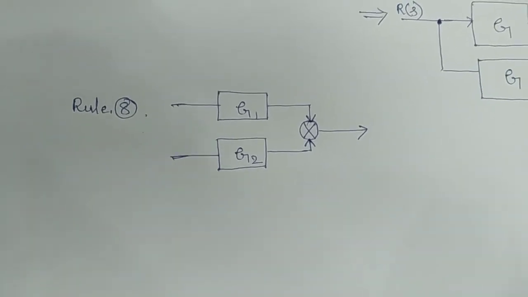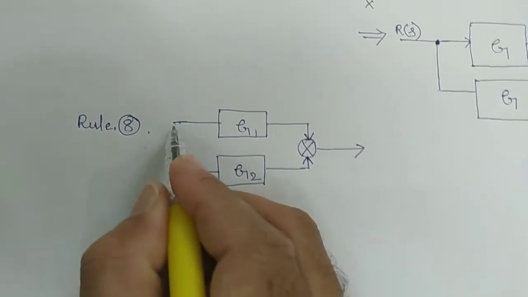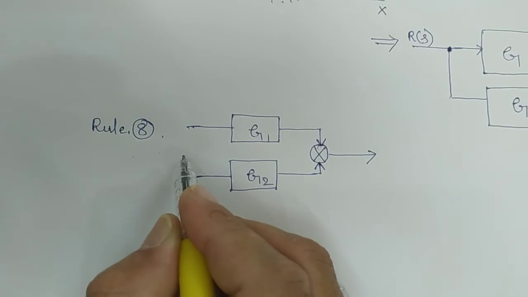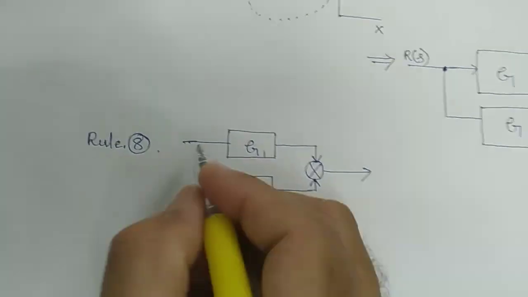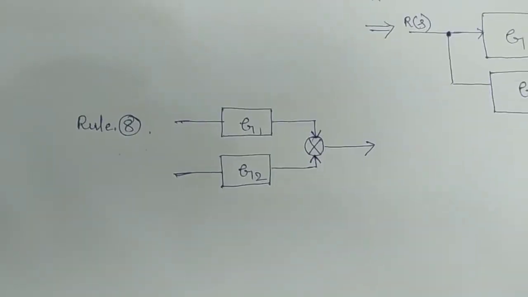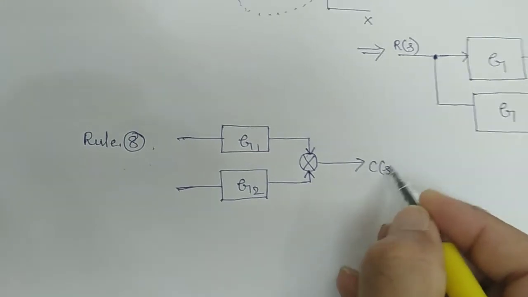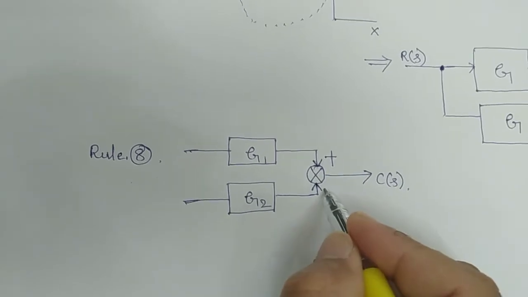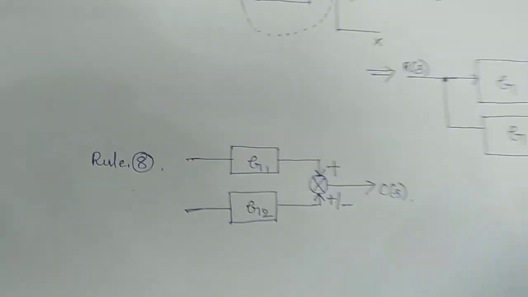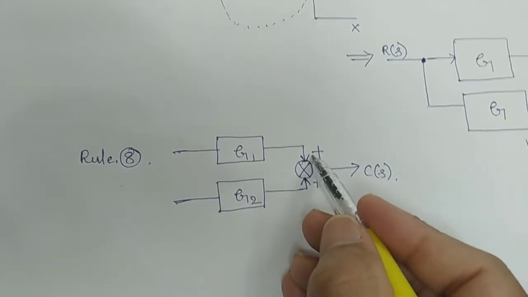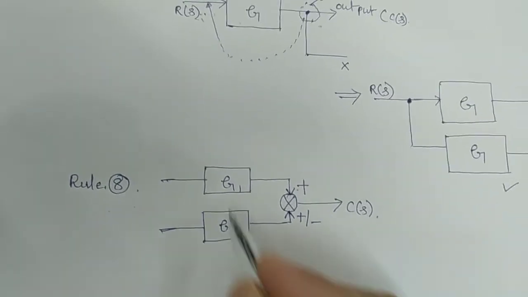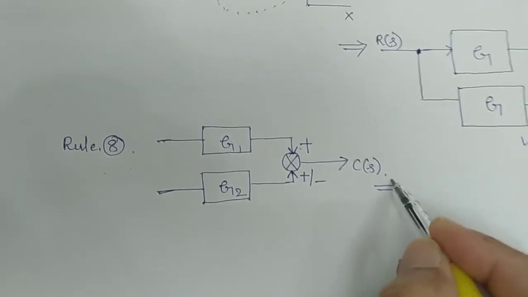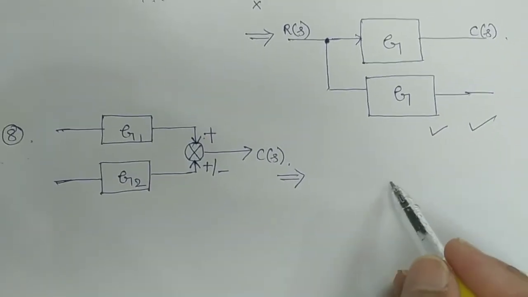Sometimes they will be tied together and simply give R of S. So this is your C of S. Let us say this is plus, or plus or minus, whatever it is. So two blocks we are adding here, that means a summer point, and correspondingly it will be shown like this.